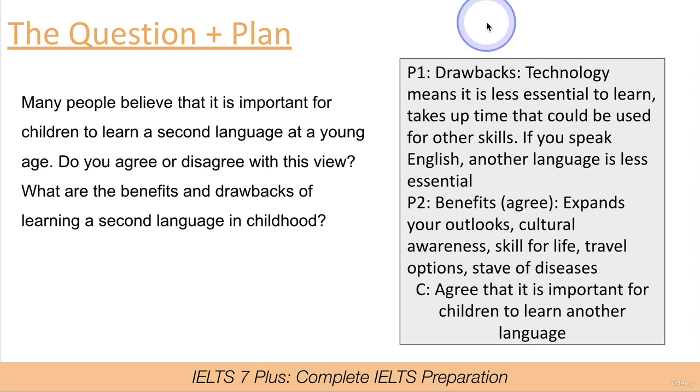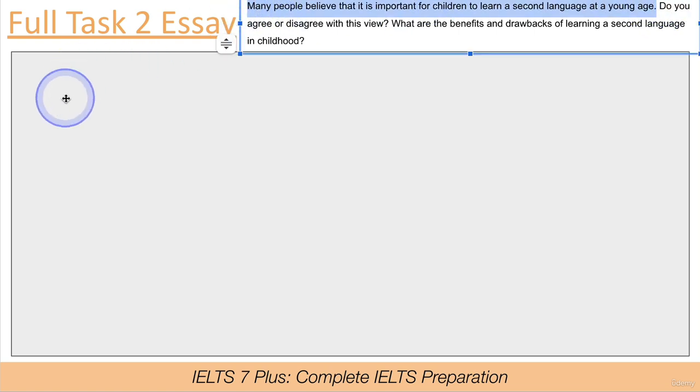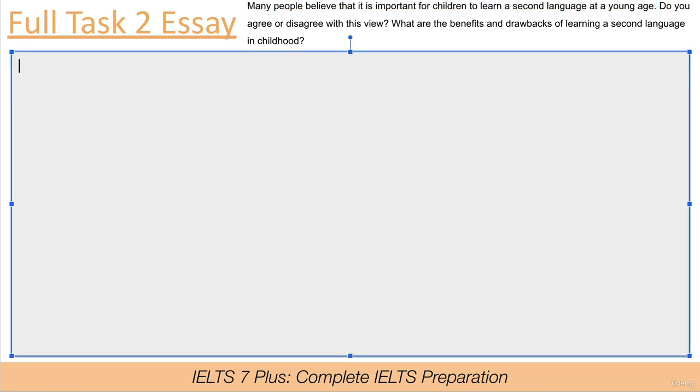All right, so I think we can go to the write-up now, and we want to, first of all, paraphrase this sentence here, put it into our own words. Many people believe that it is important for children to learn a second language at a young age. Okay, let's start.